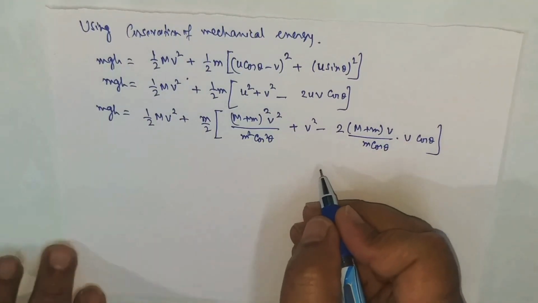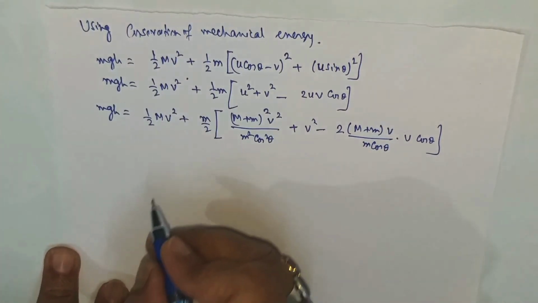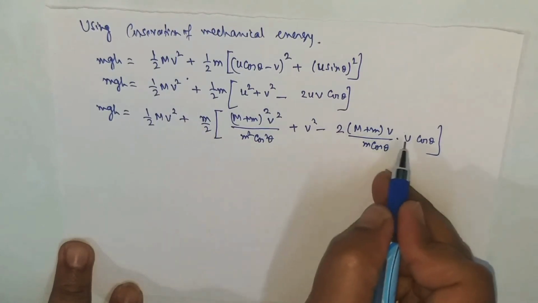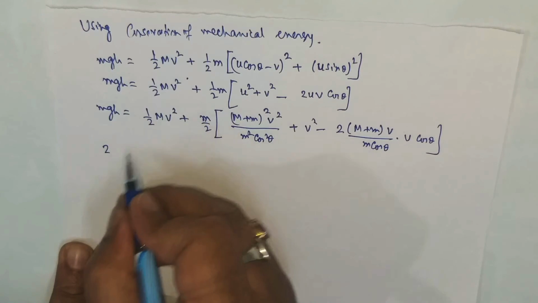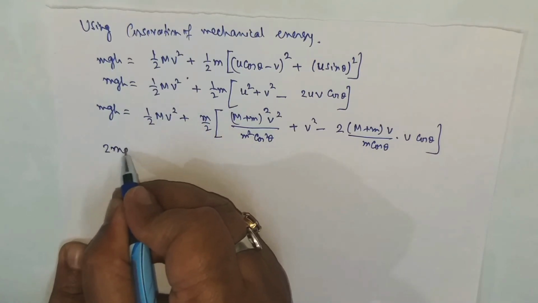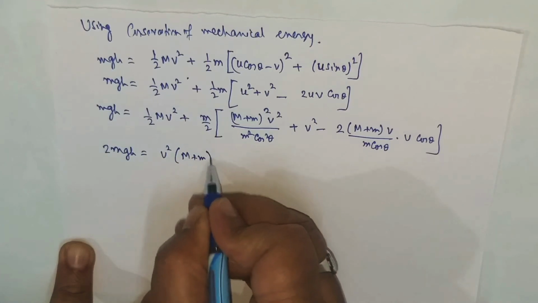Many terms will get cancelled, and finally v square containing terms can be taken common, and we take 2 to that side. 2 times mgh equals v square. Also you can take M plus m common.